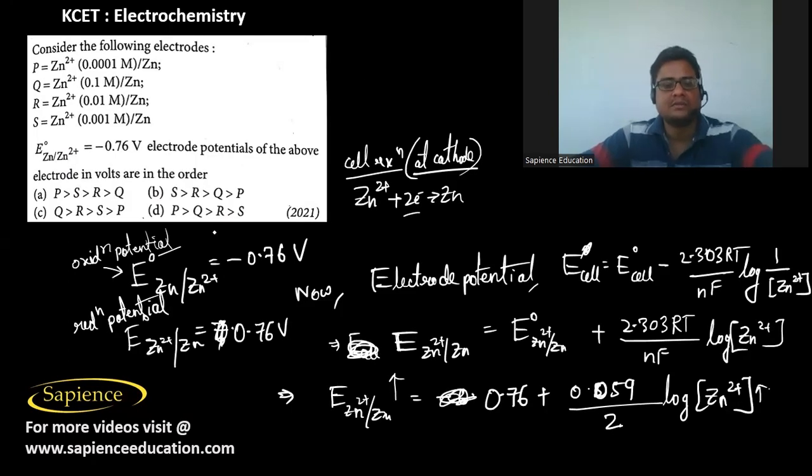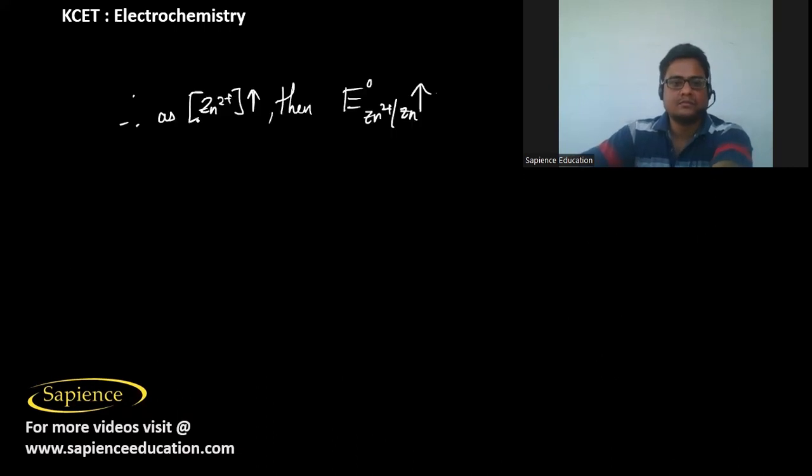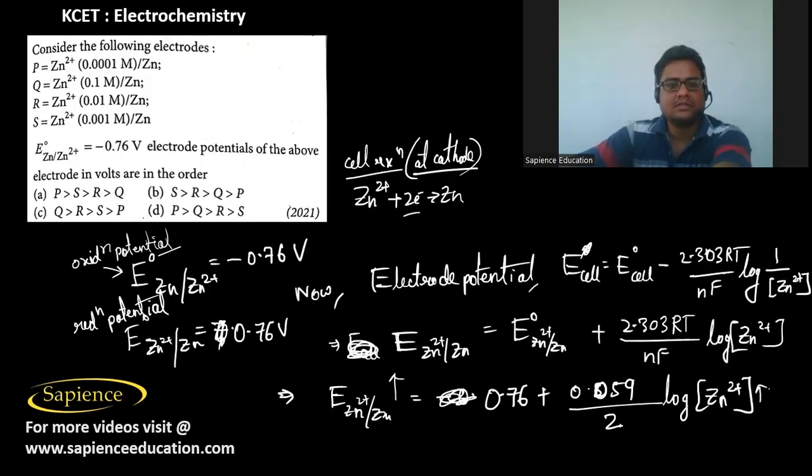So here the concentration is the highest for Q. So for Q the electrode potential will be the highest, and the least is for the least concentration of zinc 2+ ion, which is P.